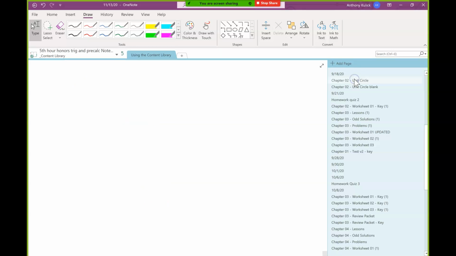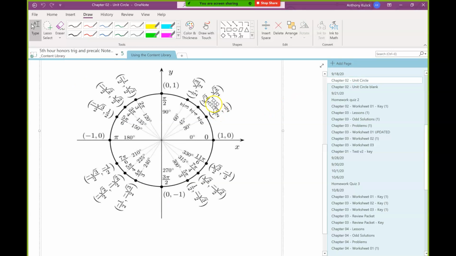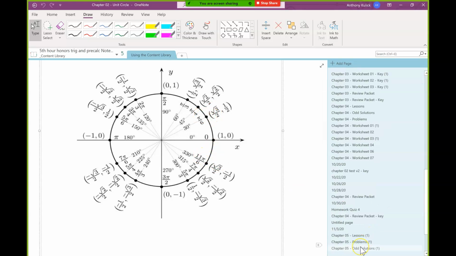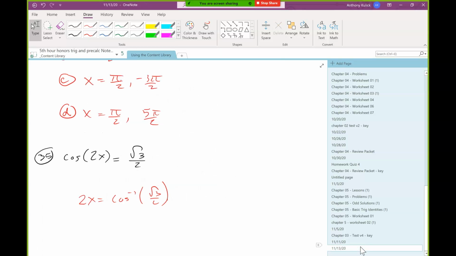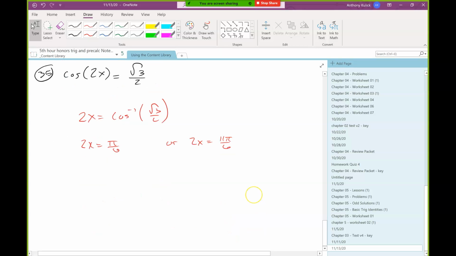So I'll go to my unit circle here. I'm going to look for the places where the x coordinate is square root 3 over 2. So I have pi over 6 and 11 pi over 6. But there could still be other answers because of that coefficient. So I have to be a little bit careful there.